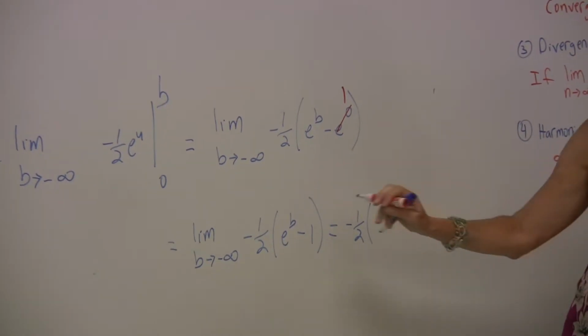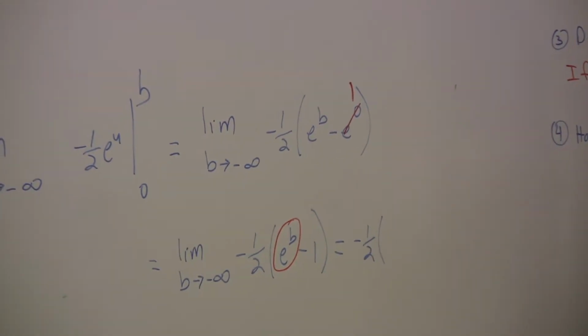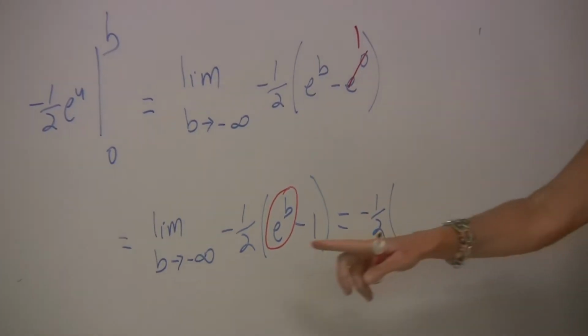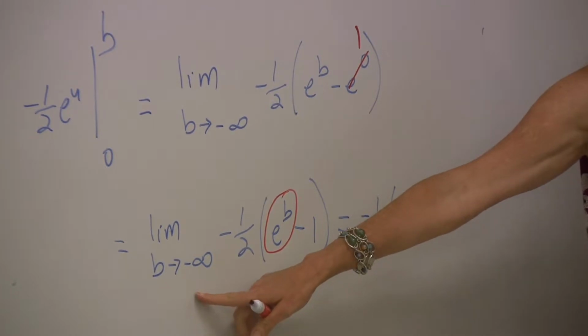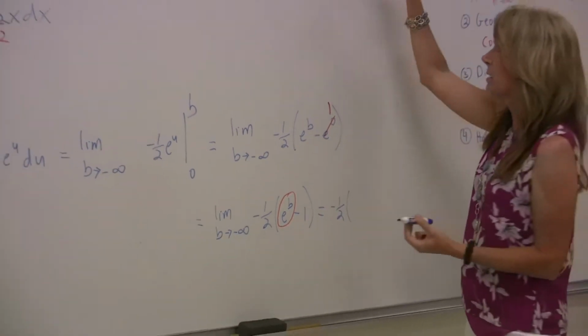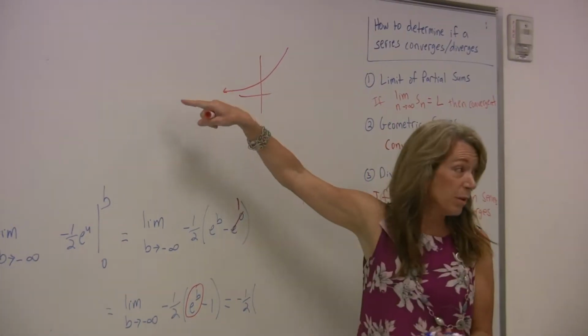What happens to this term? It approaches 0. Why? It's 1 over e to the nth power. If you want to think of it graphically, the e to the x function as you go to the left, negative infinity, is approaching 0 out here.